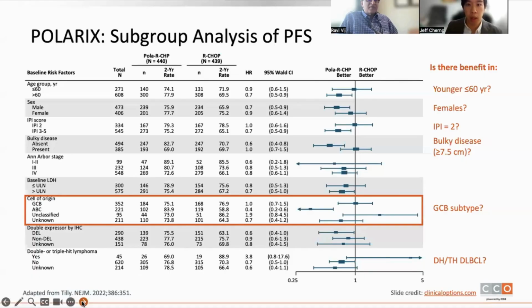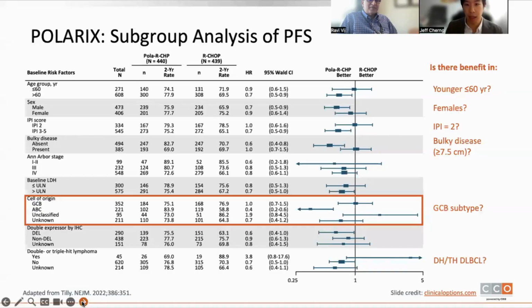Patients with a higher IPI score of 3 to 5 seem to benefit a little bit more, which I think does make sense when you're thinking about potentially replacing a classical chemotherapy with a novel agent. What's, I think, most interesting is potentially the preferential sort of benefits in patients with activated B-cell DLBCL.